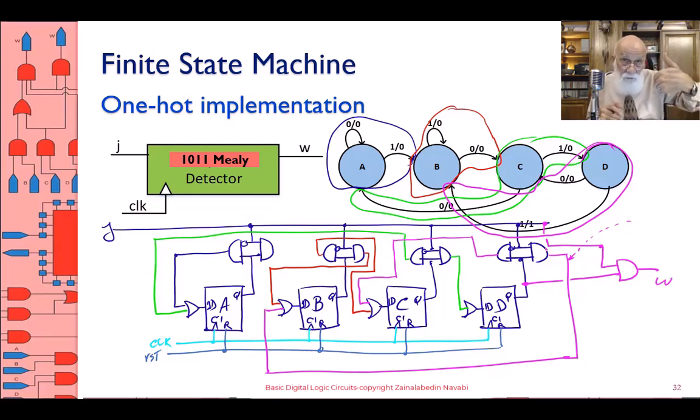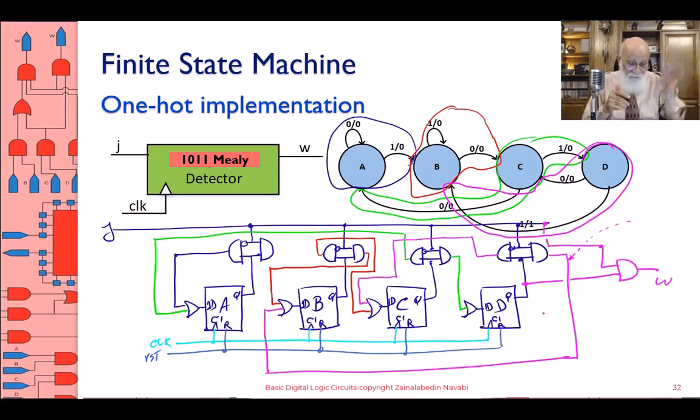Maybe there is a place where you have two outputs in two different places, and therefore you have to bring those and AND them, OR them, and so on. And also this is Mealy, and therefore you are seeing that the input is contributing to the output. But if it was a Moore machine, the output would be taken directly from the flip-flop where the output is 1. So this is one hot.